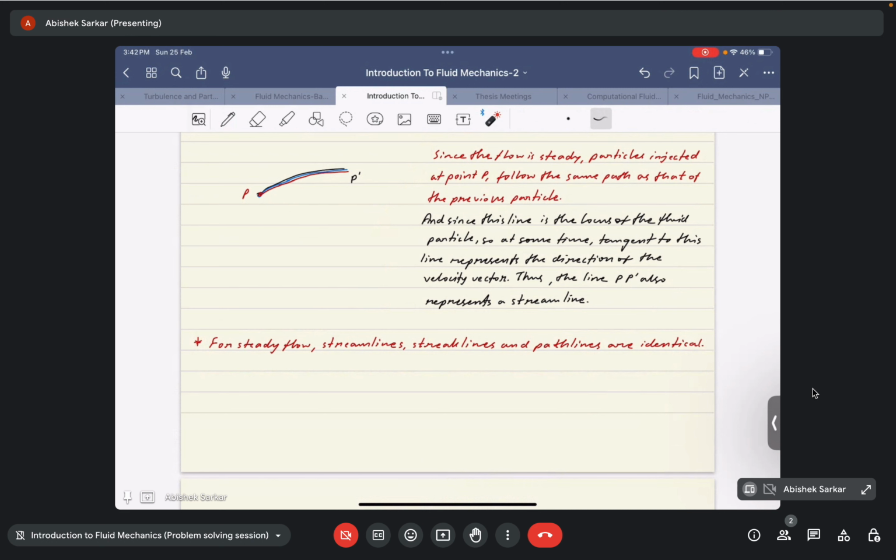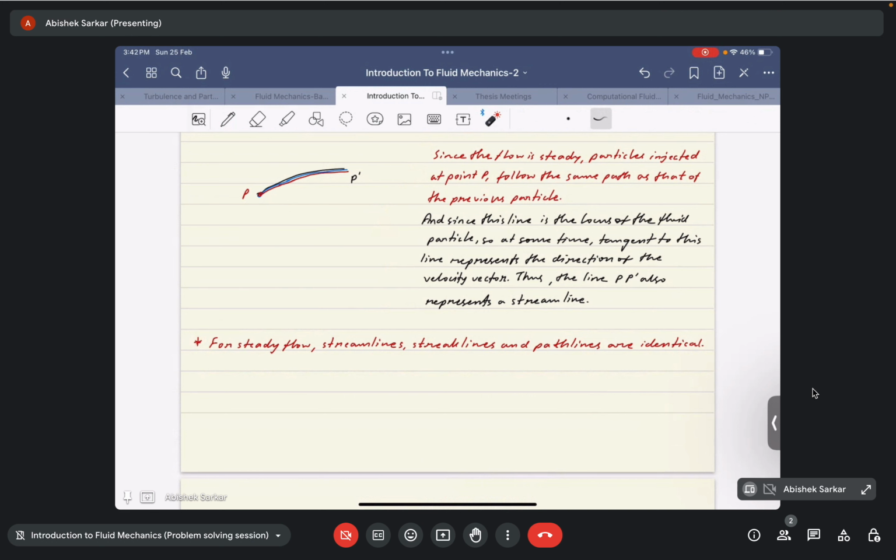But it's a very important statement, and can be used as an approximation to visualize streamlines in the case of steady flows or almost steady flows. For example, if you are visualizing very highly viscous fluid flows by using a coloring agent or a dye, then what we actually visualize are the streak lines.